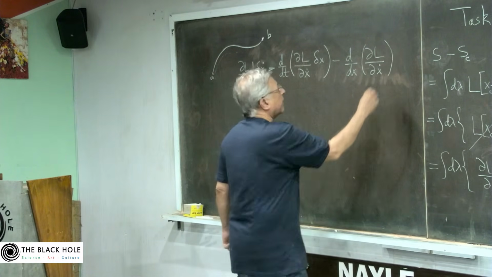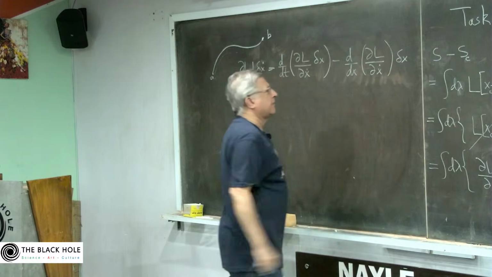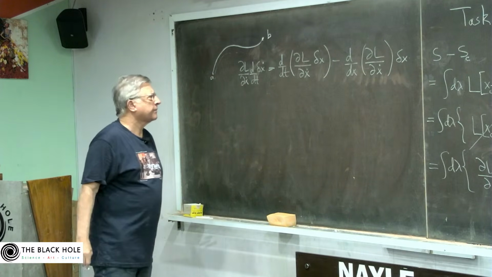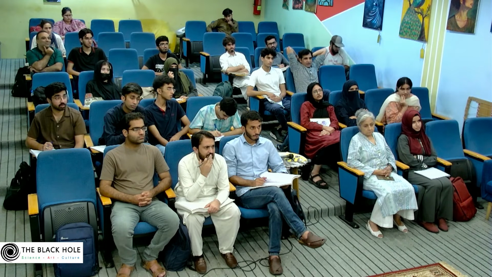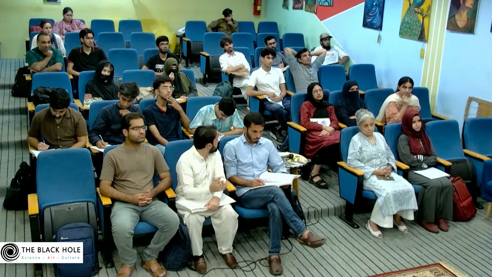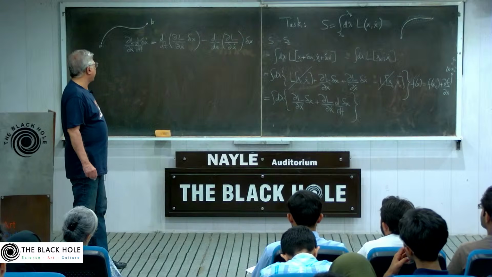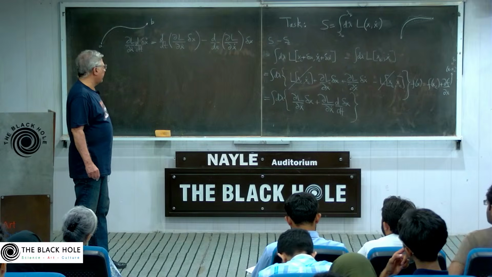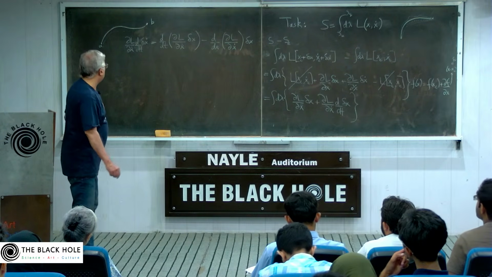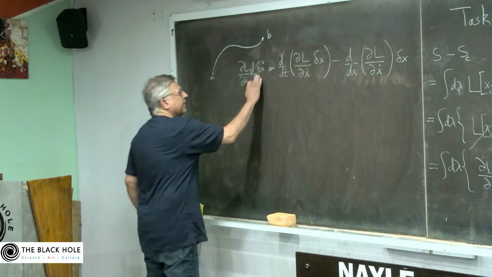Yeah, delta x. So is this correct? Only with t you have to write lambda because the parameter is lambda. Oh, yes. Here. Yes.